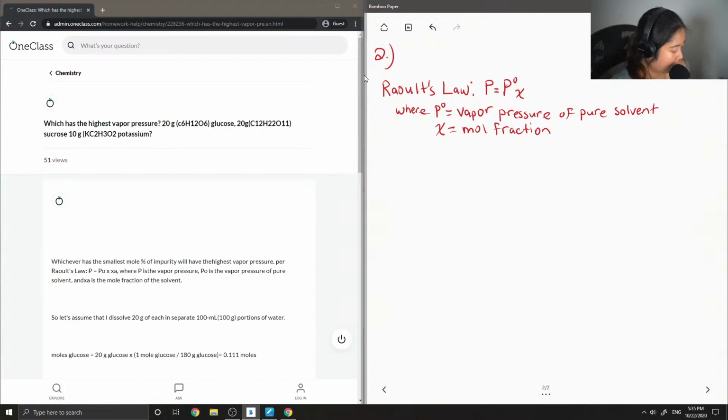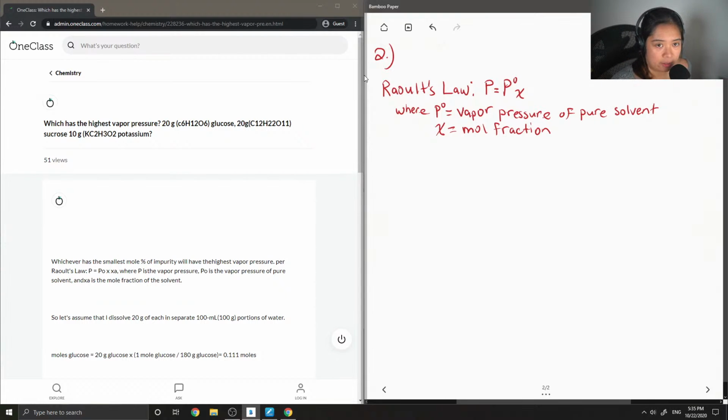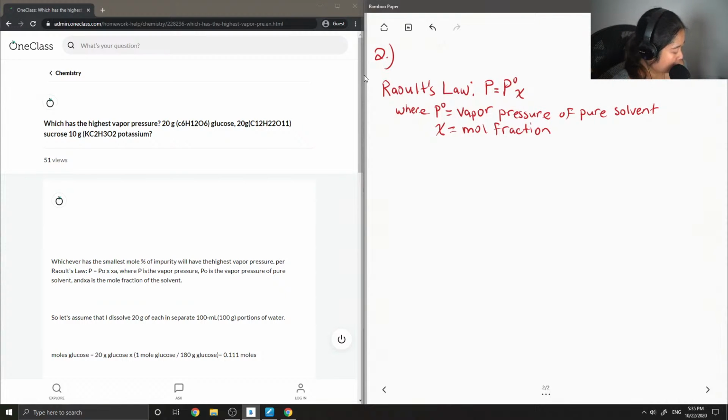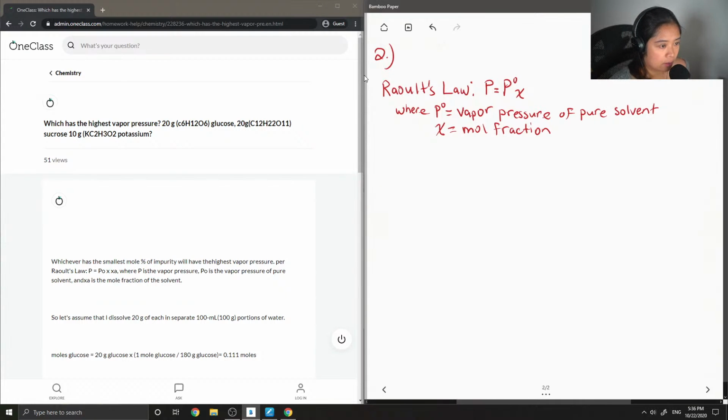Okay. So now I'm just going to calculate the number of moles of each of these solutions. So let's look at glucose first. It is C6H12O6.